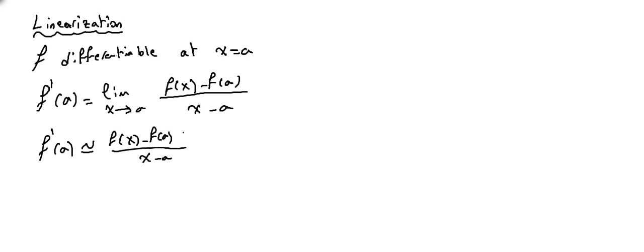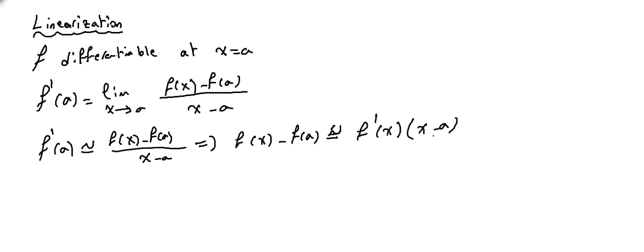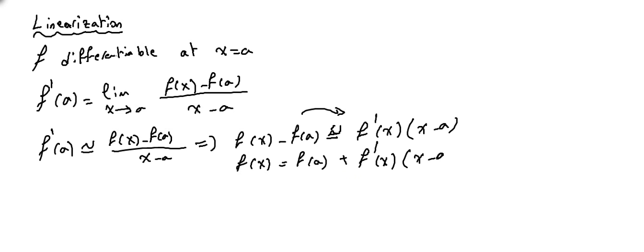If we cross multiply to find f of x, then f of x minus f of a will be approximately equal to f prime of a into x minus a, or f of x is approximately equal to f of a plus f prime of a into x minus a.